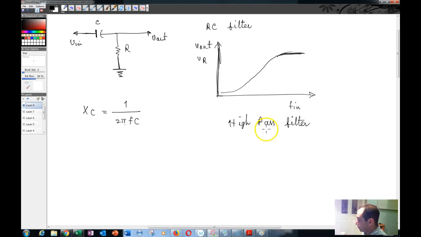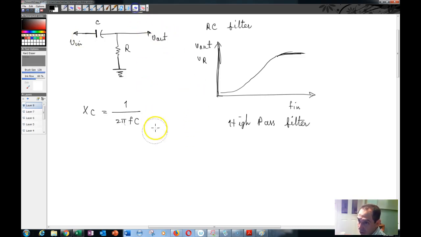Now what happens here is that there is a relationship between the phase angle of the voltage across this resistor and across this capacitor, and the voltage coming in here, and the current passing through the circuit and so on and so forth.